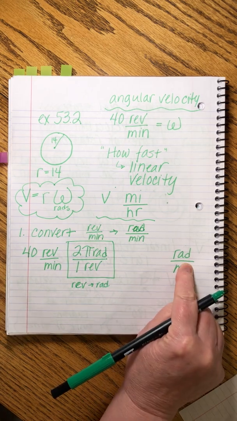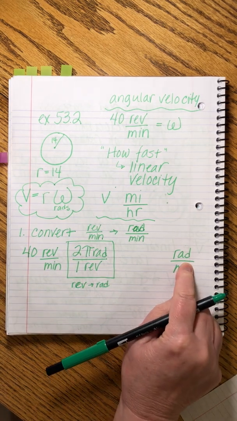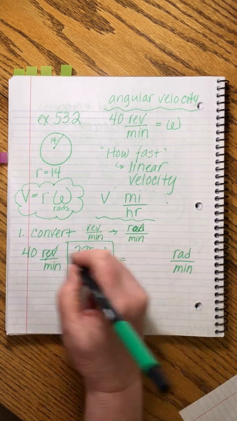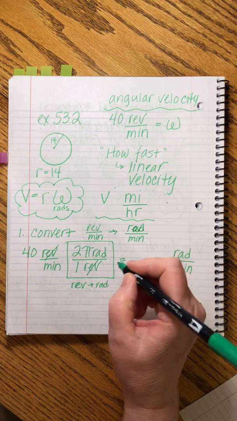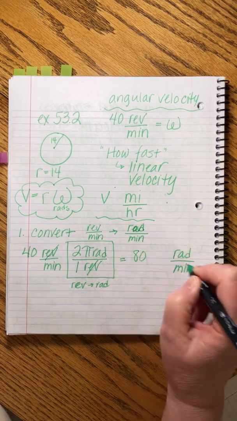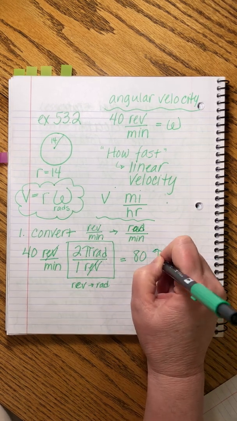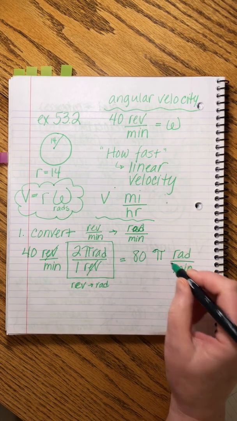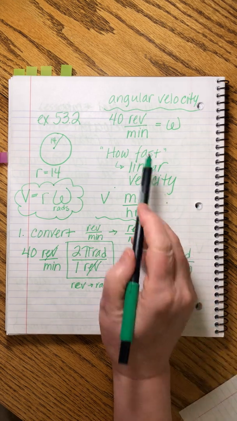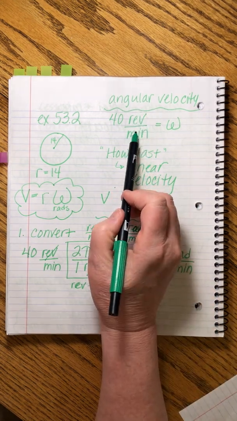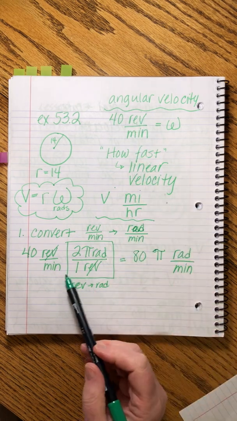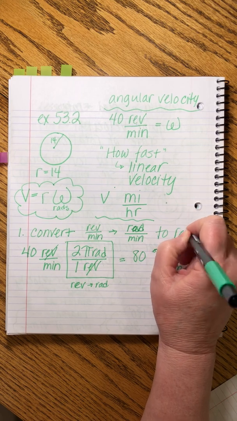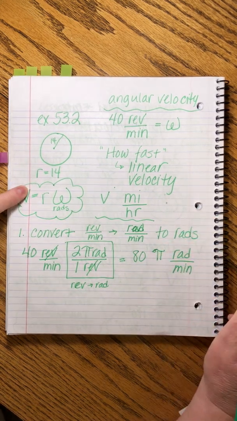Then these cancel and we multiply through and we get 80 pi rads per minute. It's the same angular velocity, the same rate as we originally had. We just changed it so it's stated in rads, because that's what you have to do in order to use this formula.